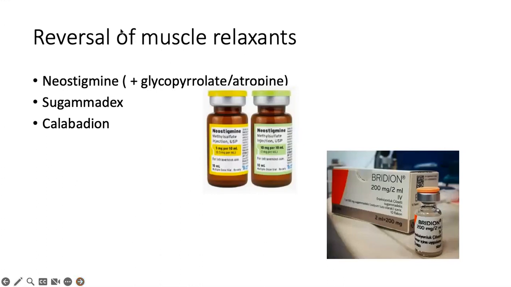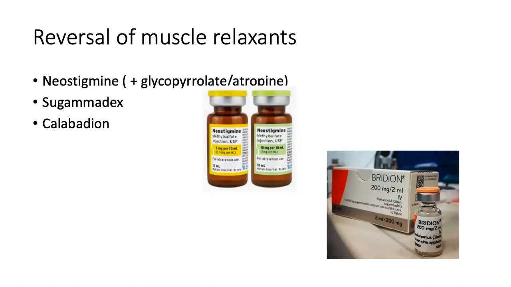Reversal agents, as I said, neostigmine and glycopyrrolate or atropine is mainly what you are probably using in institutions. Sugammadex is also used for reversal, in particular for rocuronium. It can be used for other aminosteroids like pancuronium and vecuronium, but when it was made, it was mainly targeted at rocuronium.